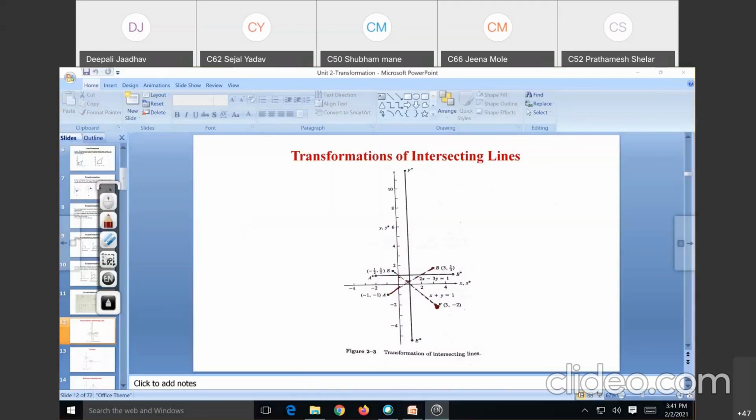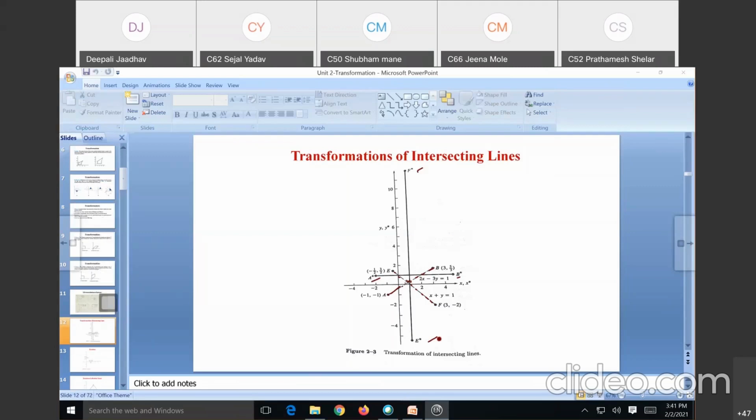These two intersecting lines, if we transform, generate another set of intersecting lines A star, B star and E star, F star.